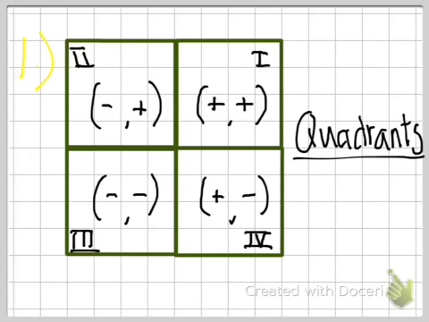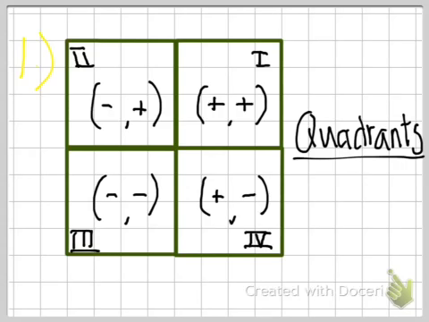Quadrants. Quadrants are regions of the Cartesian or coordinate plane. Quadrant 1 is in the top right, where x and y are both positive. Quadrant 2 is in the top left, where you have a negative x and a positive y.